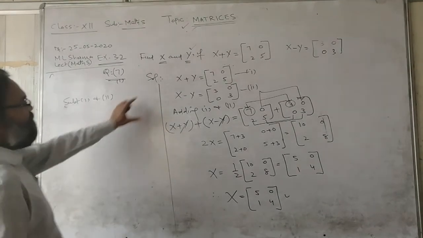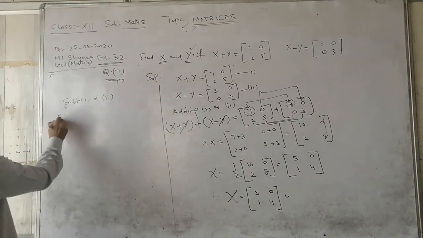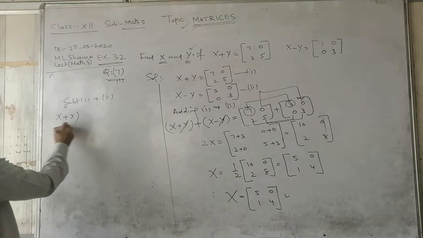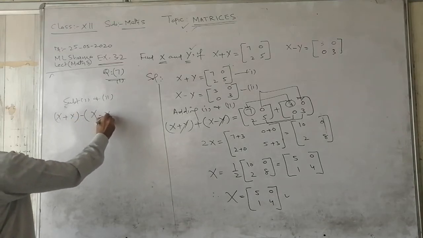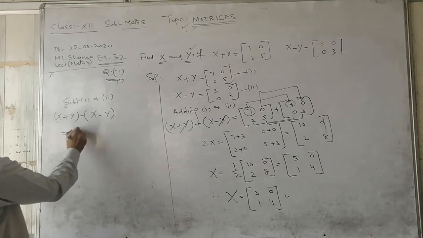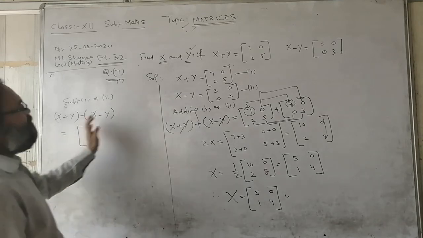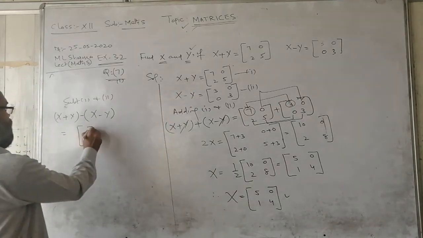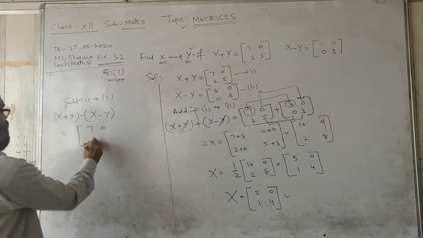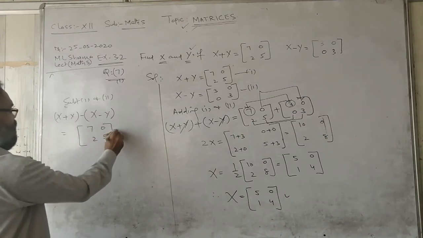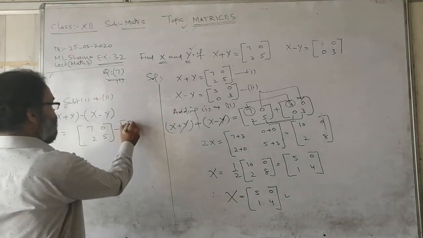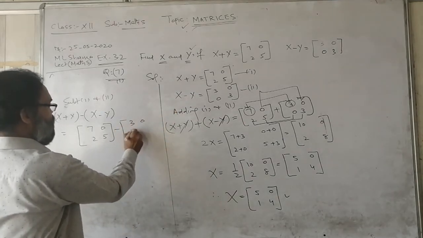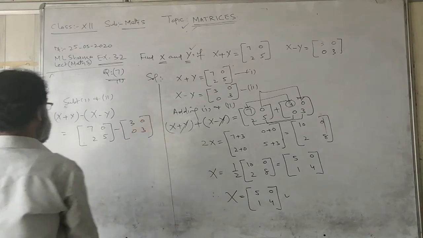So if I subtract, I will have x plus y minus x minus y, and this will equal to elements of x plus y, they are 7, 0, 2, 5, minus x minus y, elements are 3, 0, 0, 3.